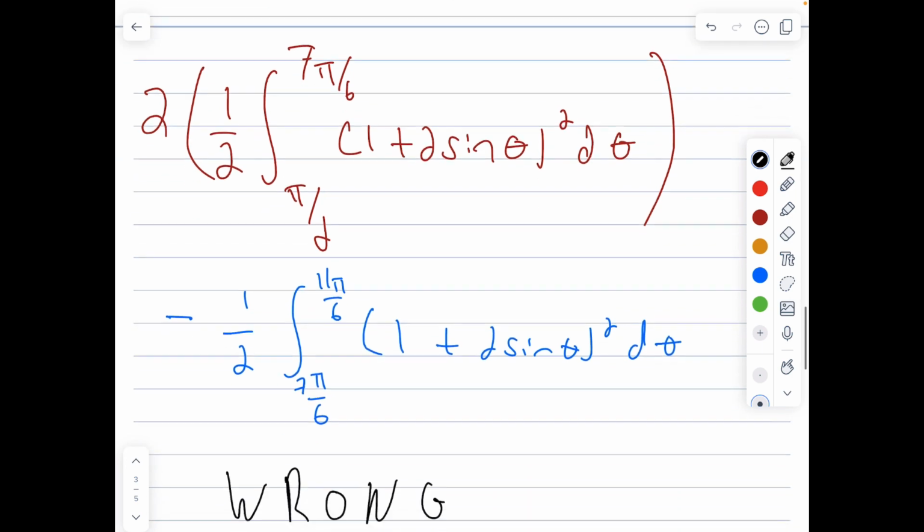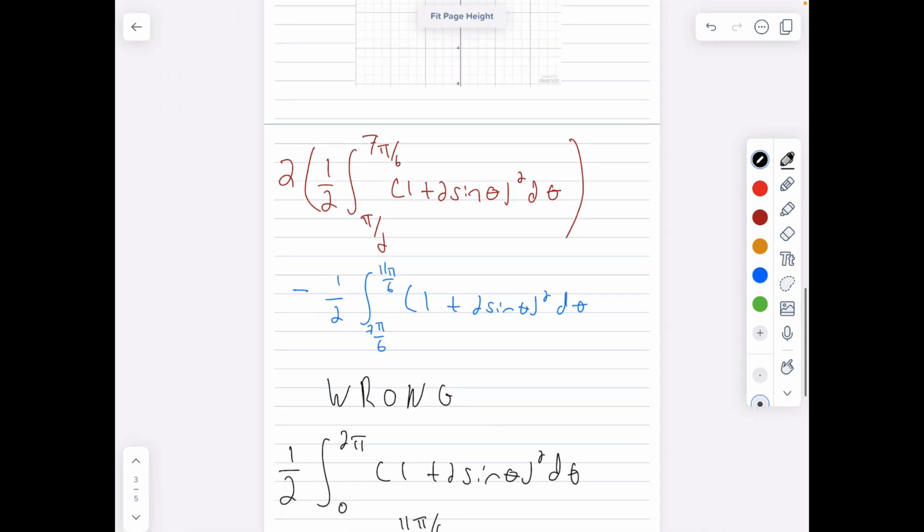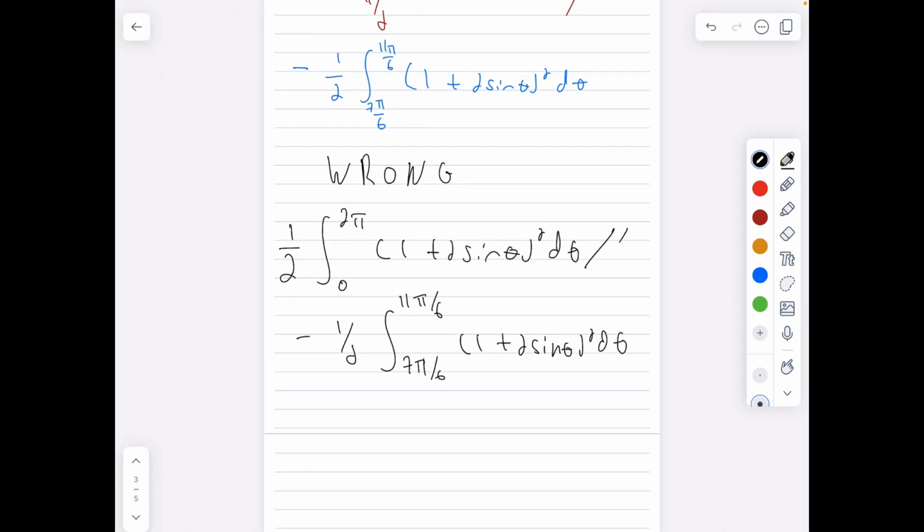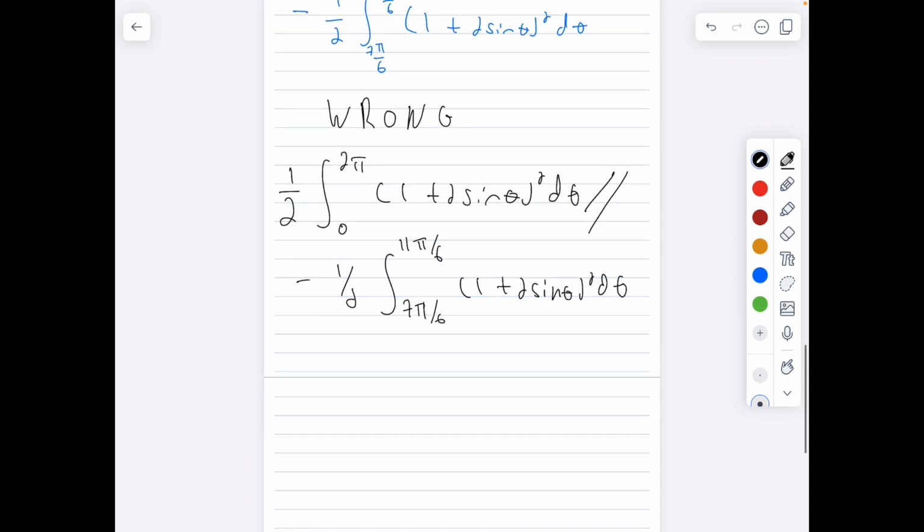So when you write this out, you counted it twice in that integral from 0 to 2 pi, and when you do the subtraction, yes, you subtract the area of the inner loop, but you still have one inner loop in there that you're including. So that's why this is incorrect, and it's wrong. And I've seen this mistake often with a lot of other problems.